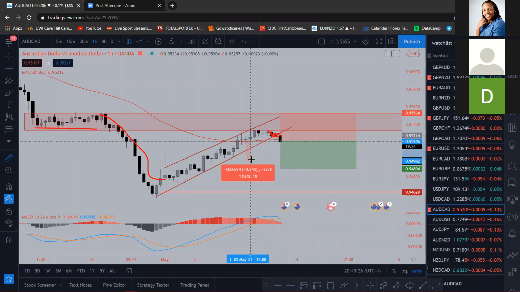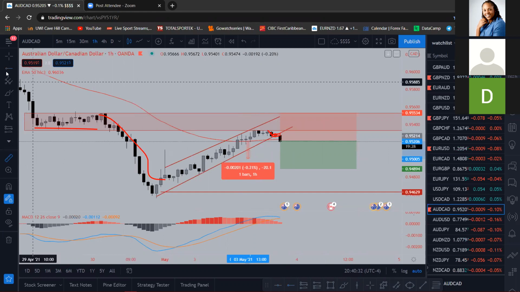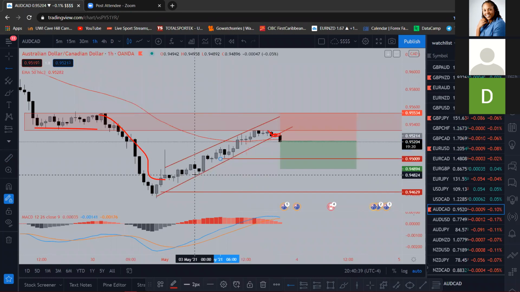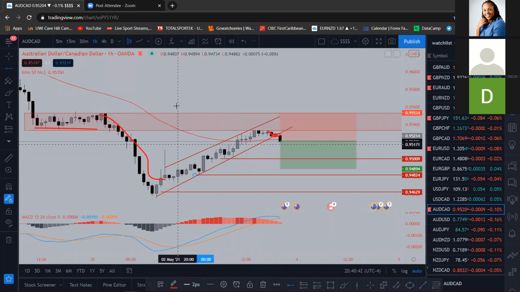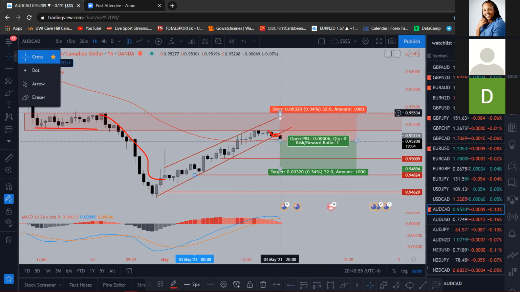0.95005. And first TP. Right, so stop loss.